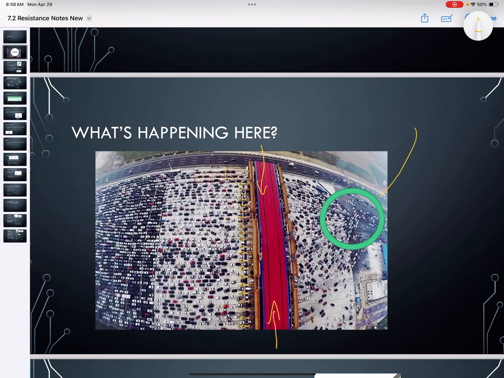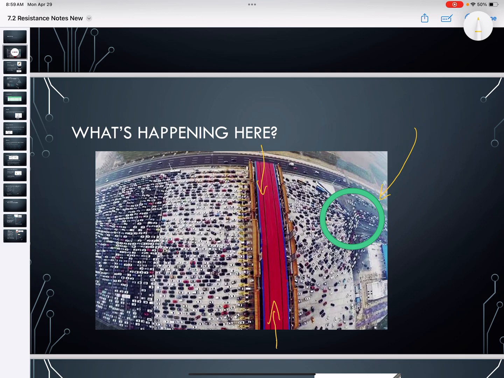So inside of this green circle, 30 lanes of traffic chokes down to 5, and I want you to think about what that does to the average speed of the vehicles on the road. Hopefully the answer is obvious: this is going to slow down these vehicles significantly.